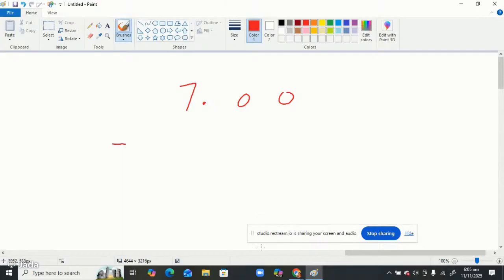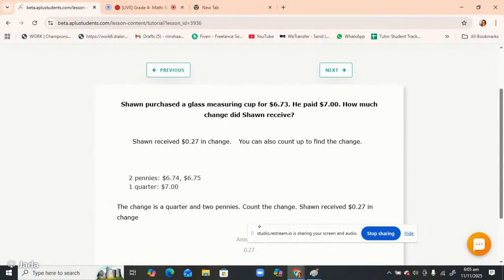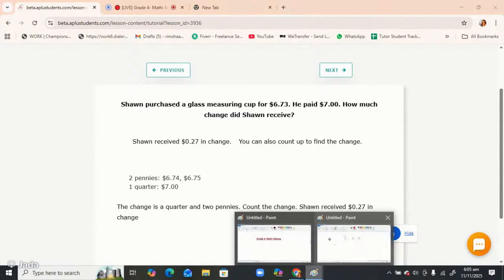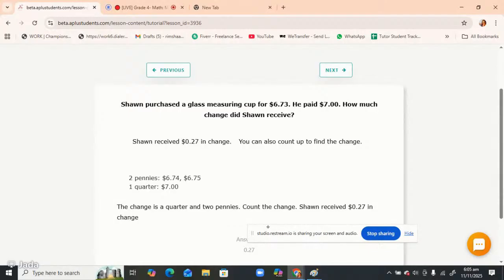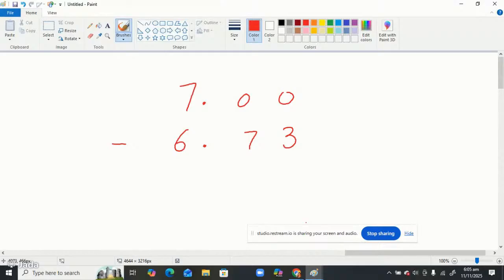And the price of the glass measuring cup is 6.73. And they are asking how much change did Sean receive, because he gave a total of $7. So how much change basically did Sean receive? So let's see.